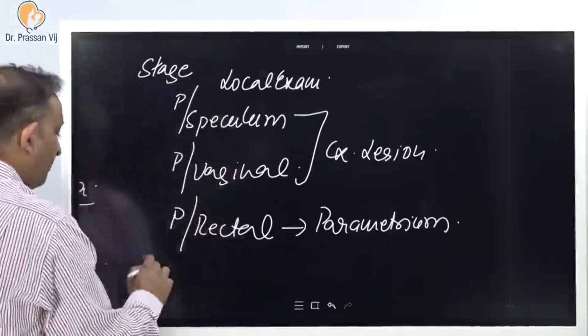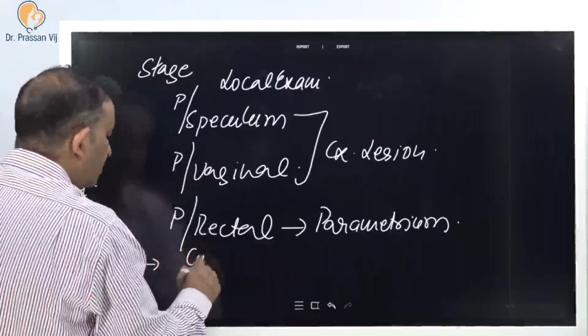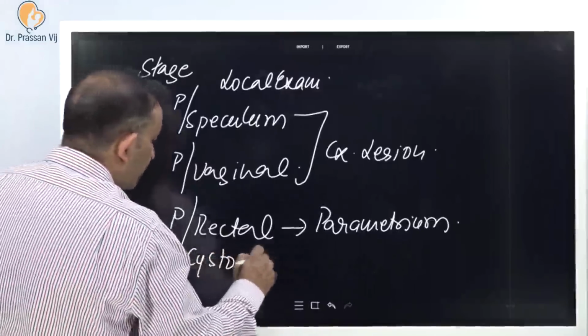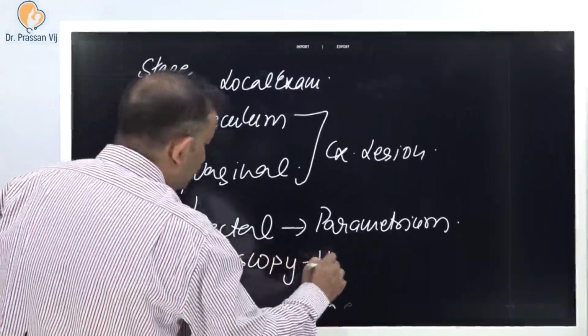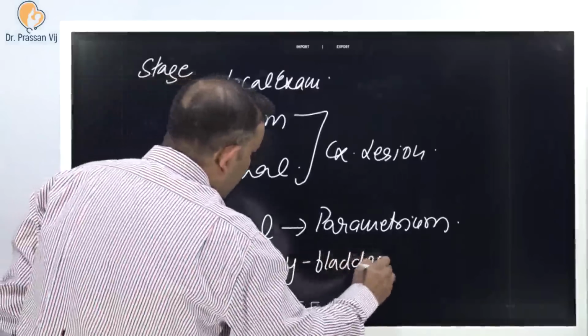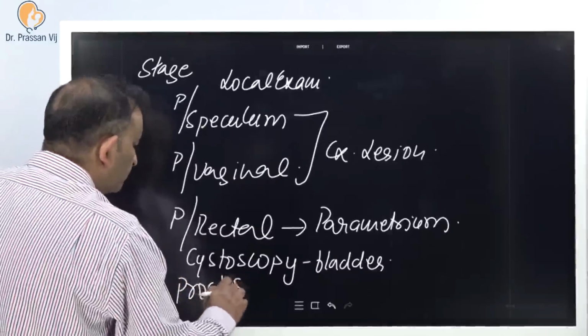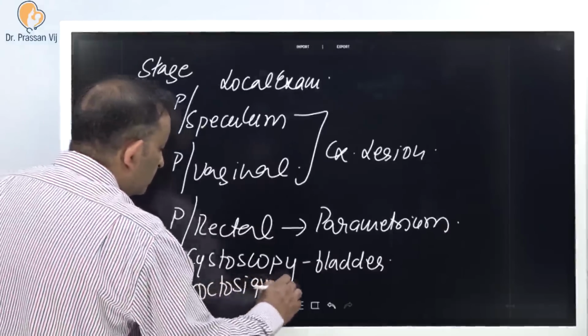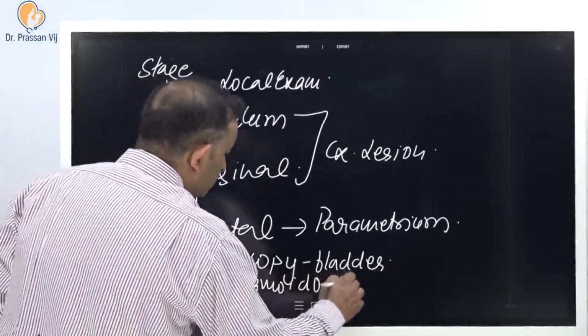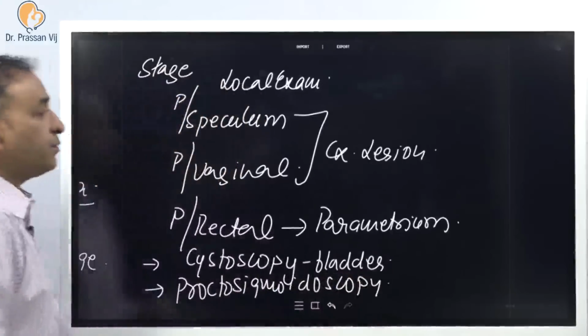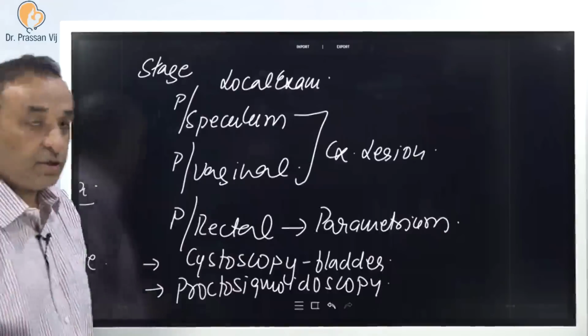Along with that, you must do a cystoscopy for the bladder and also a proctosigmoidoscopy. So this is the way you can get to the staging of CA cervix.